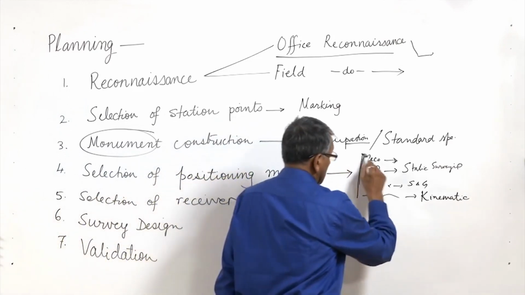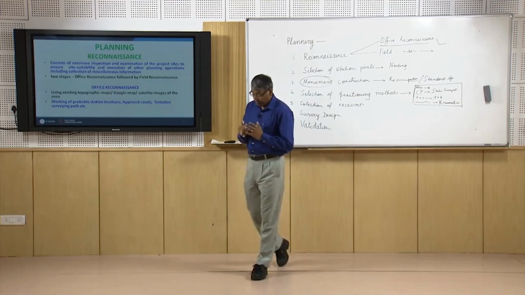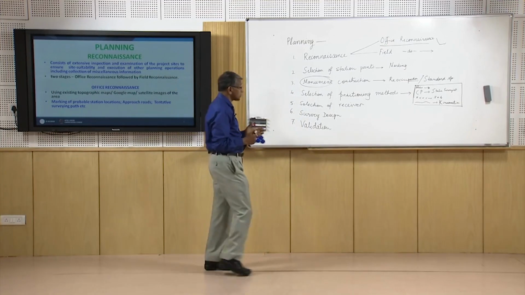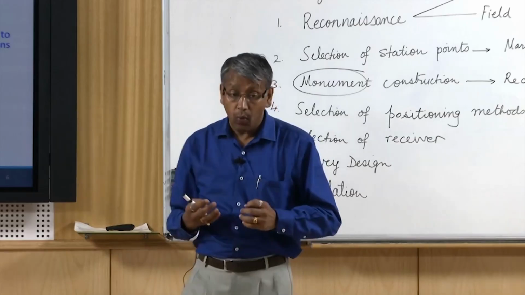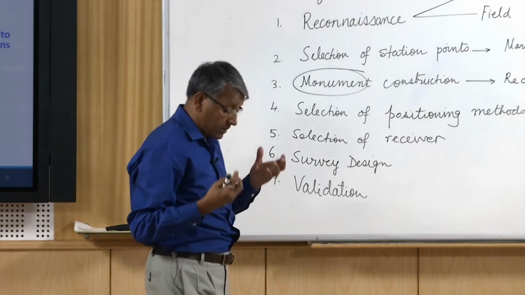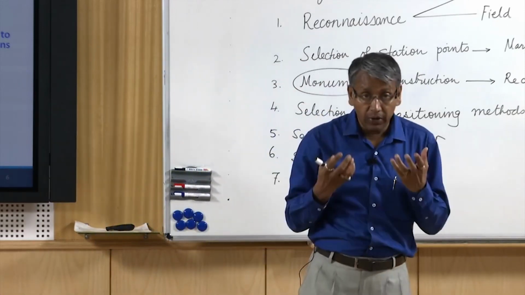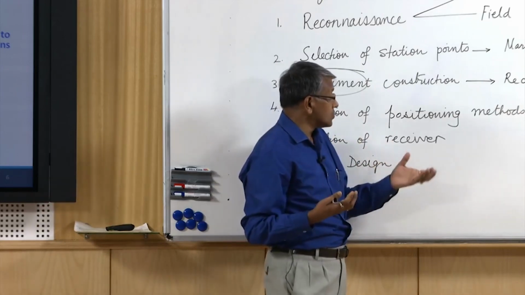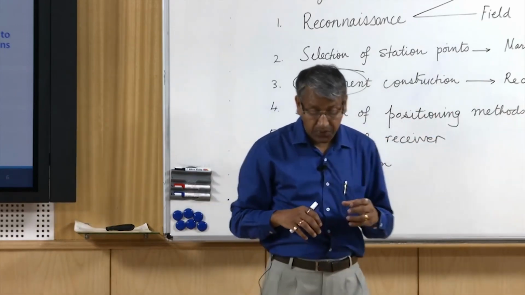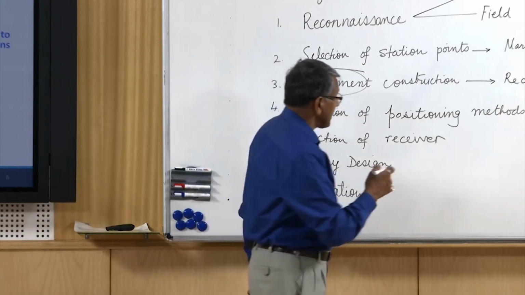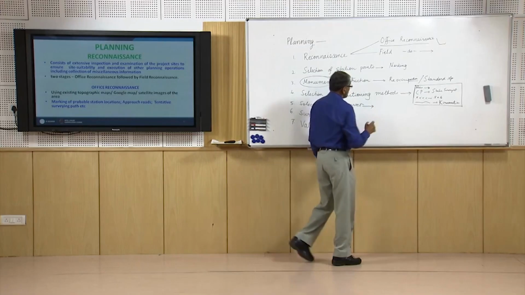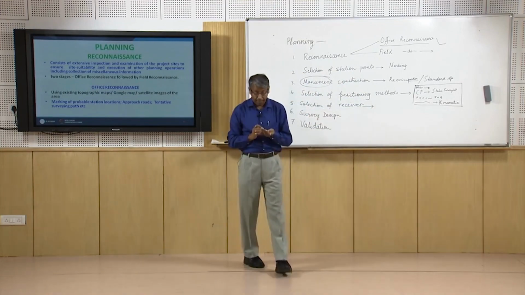Now, after deciding the methods, we need to know what accuracy we need to have and what type of measurement observables we will make use of for achieving our objective. So, depending upon that and many other factors, we should go for selection of receiver.